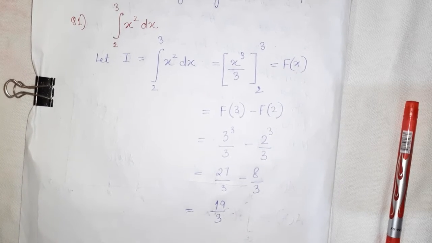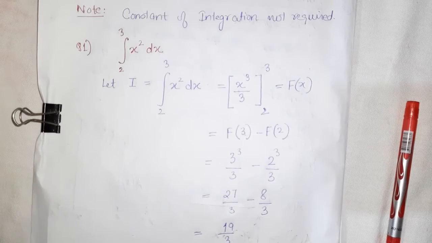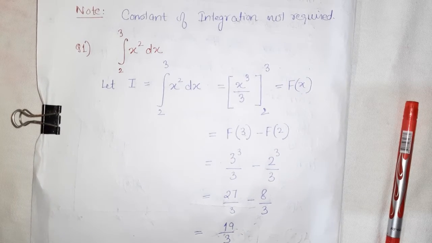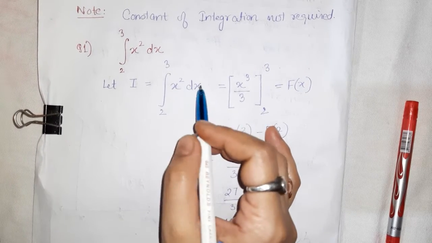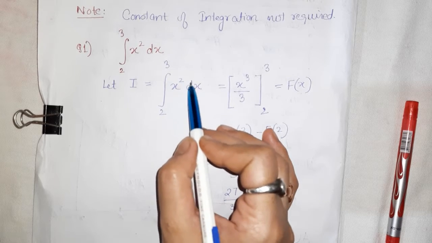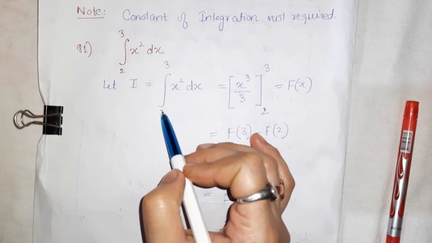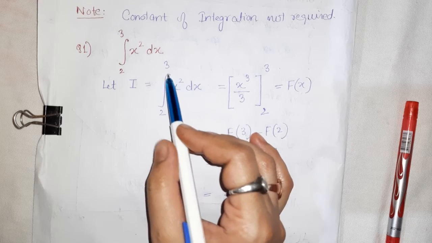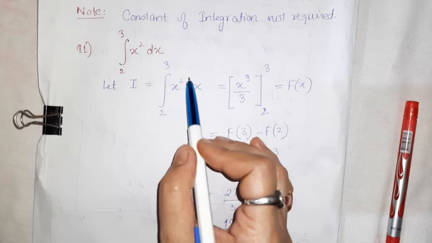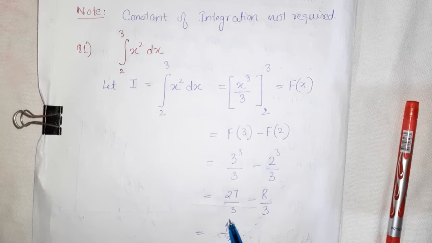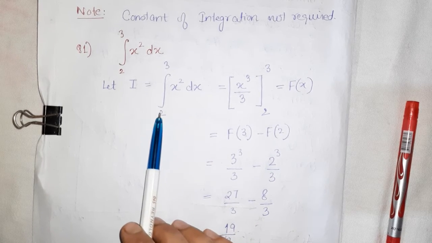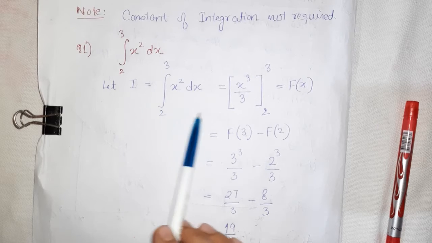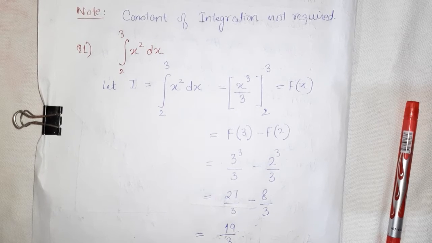So the integral value of this integrand is 19 by 3. This is the definite integral, which ultimately you can say is the area bounded by this curve from the ordinate 2 to 3, the x-axis and the curve.